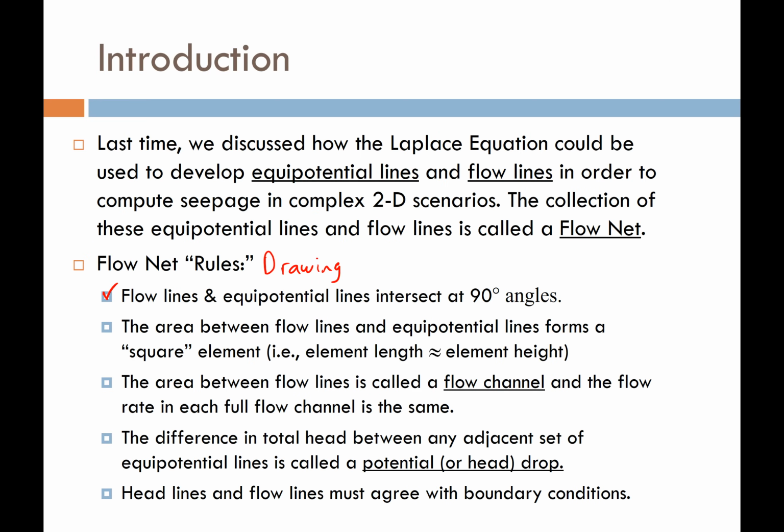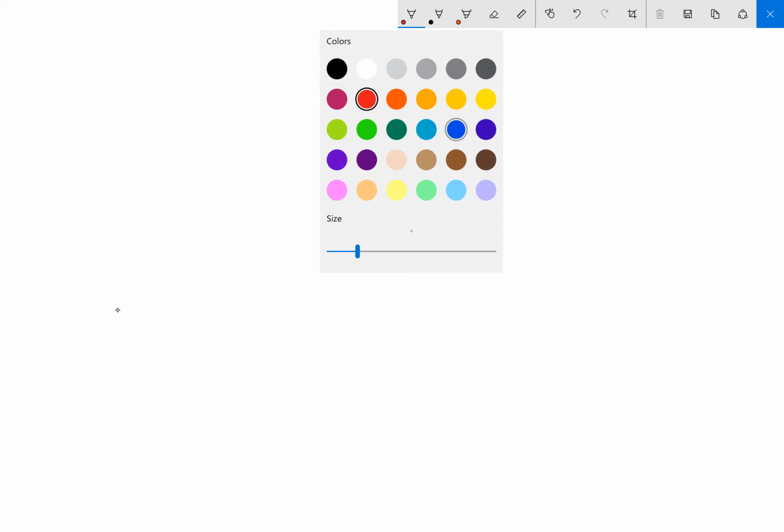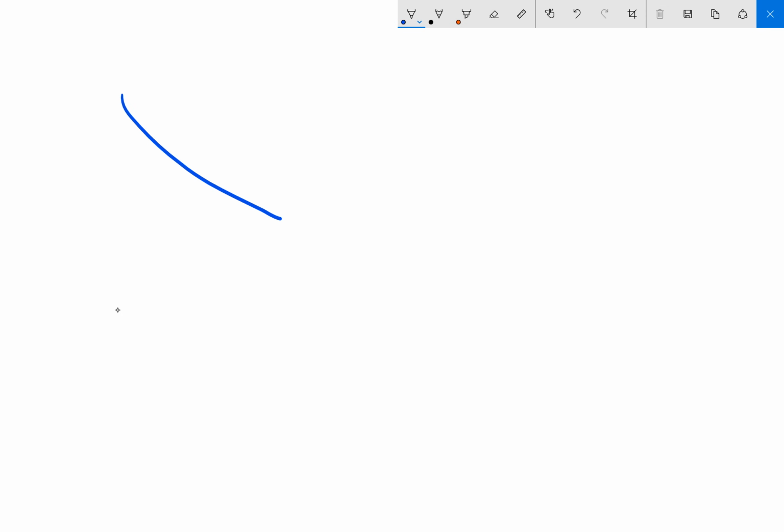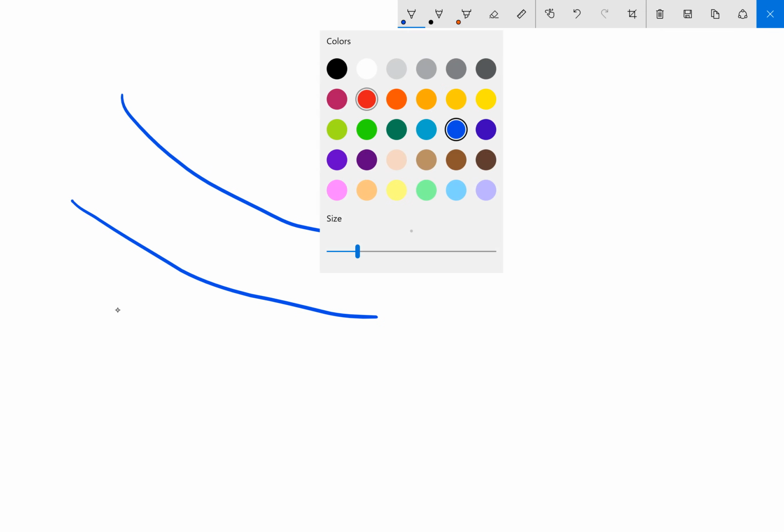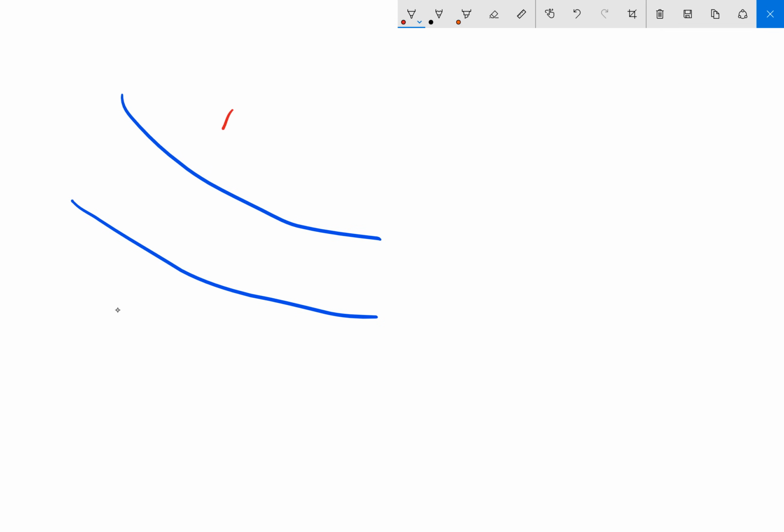Okay, next, the area between the flow lines and the equipotential lines must form a square element. In other words, the element length and the element height should be approximately equal. What do I mean by that? Well, again, let's draw a couple of flow lines, say they look like that, and let's draw a couple of equipotential lines.